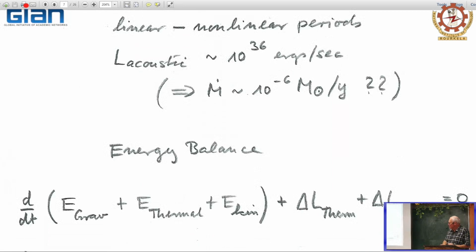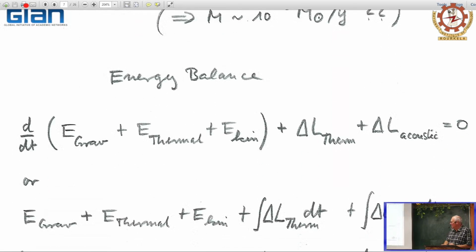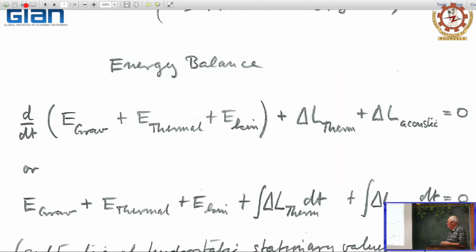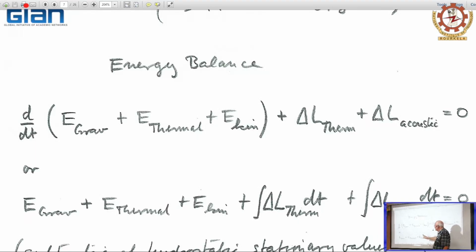Okay, now let's turn to the energy balance in a pulsation. What needs to be satisfied for energy balance is that the change of the sum of gravitational energy, thermal energy plus kinetic energy, plus the surface terms given by the thermal flux and the acoustic flux, is zero.